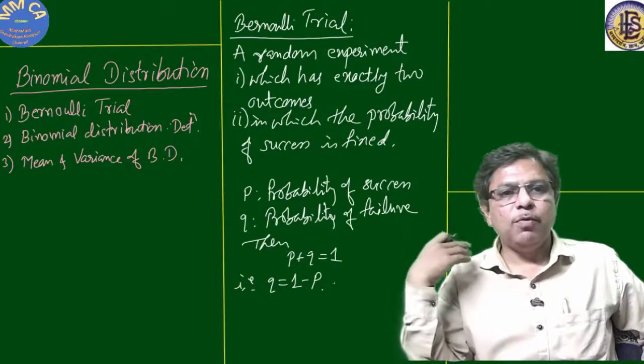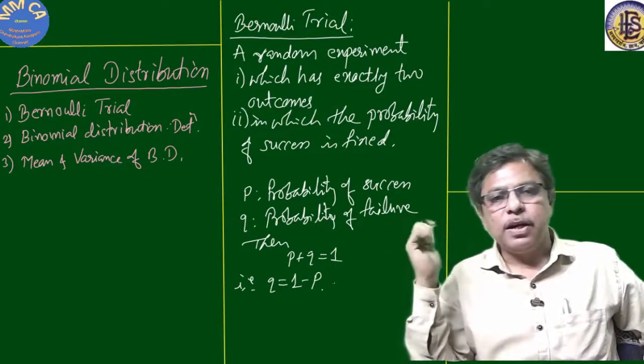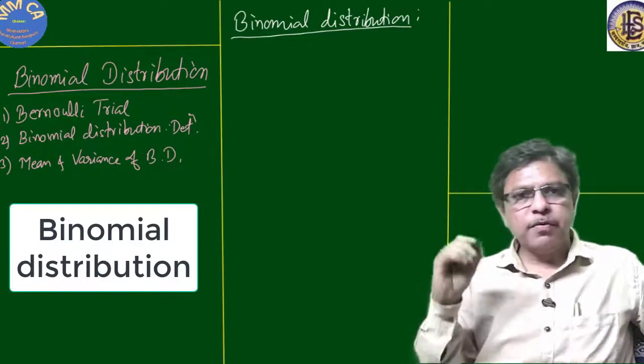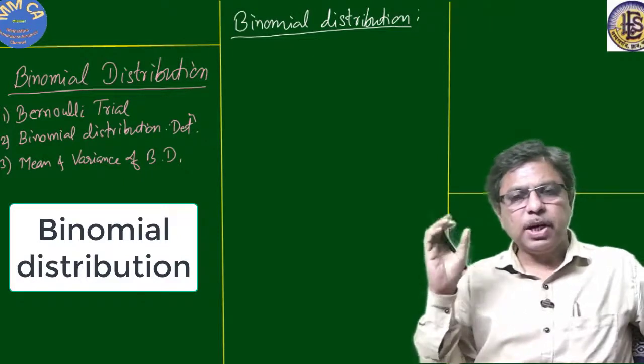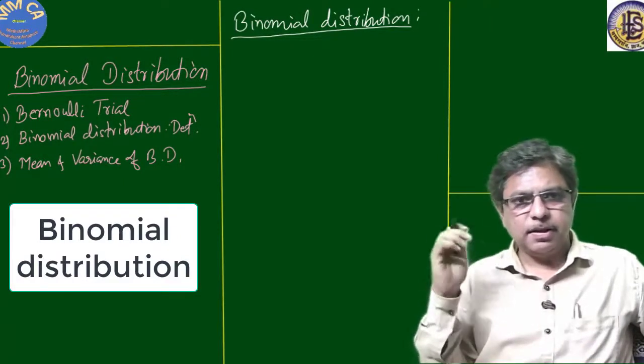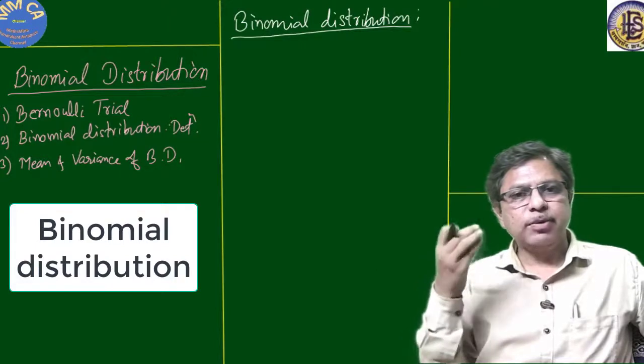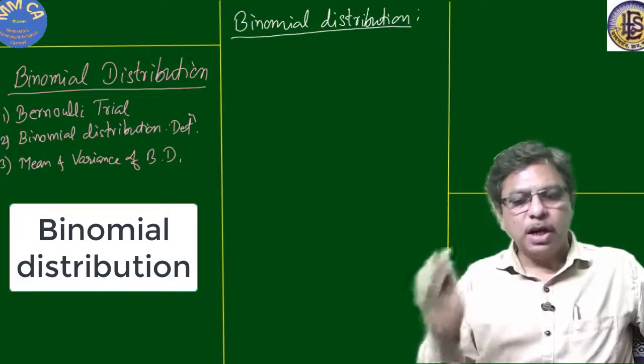Now we'll move to the second point, the binomial distribution. We consider a Bernoulli trial, meaning any experiment which has exactly two outcomes.